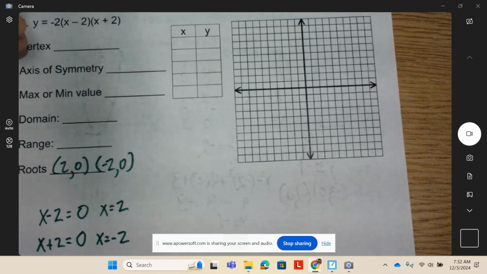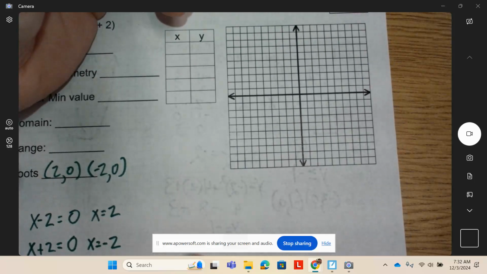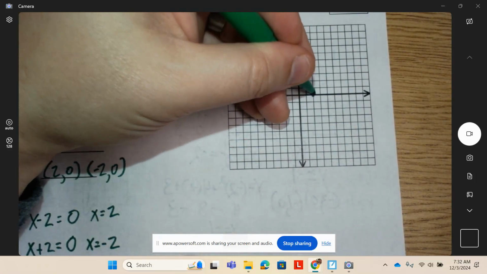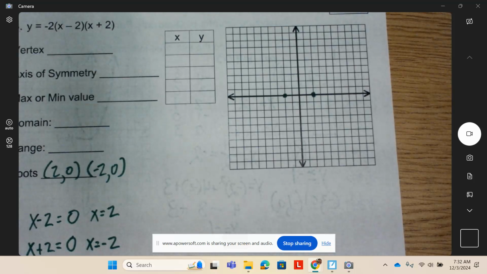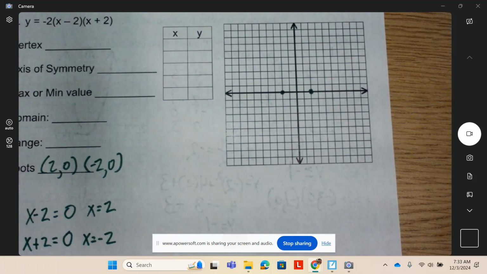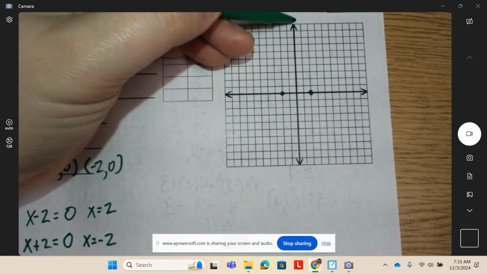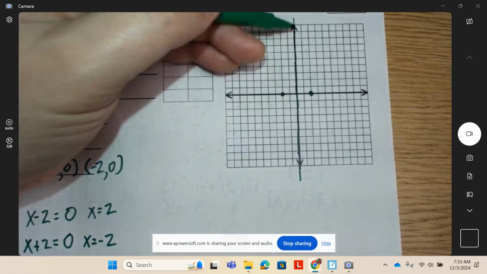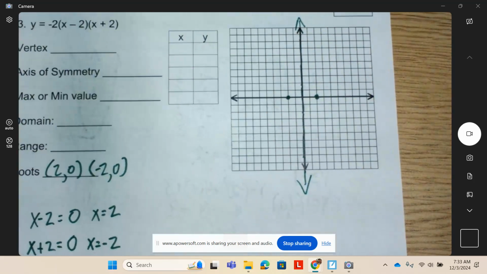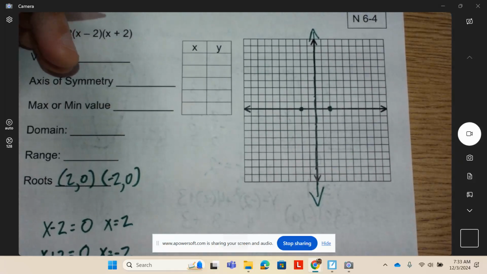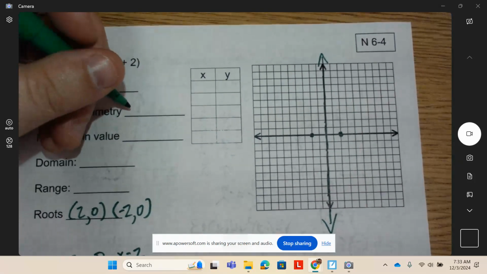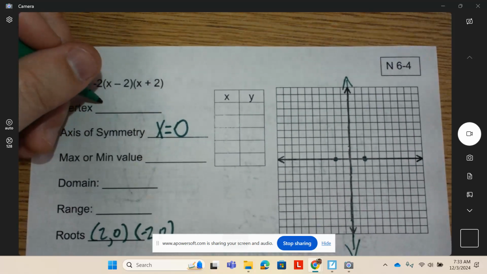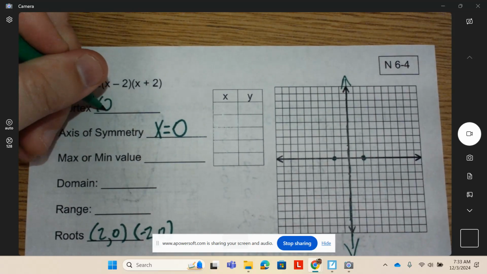So I can go ahead and put those on the graph here, and that'll give me a little bit more information. So there's negative 2, 0, and 2, 0. One of the things I know is that those roots are mirrors of each other, and they mirror one another across the axis of symmetry, which means that axis of symmetry is going to be at x equals 0, and that actually gives me the x value of my vertex.